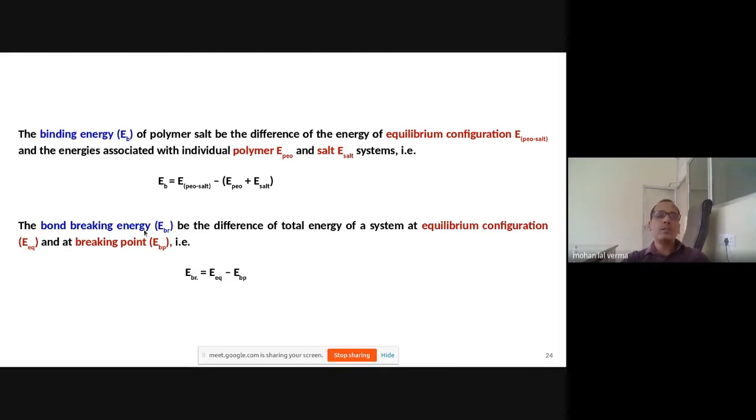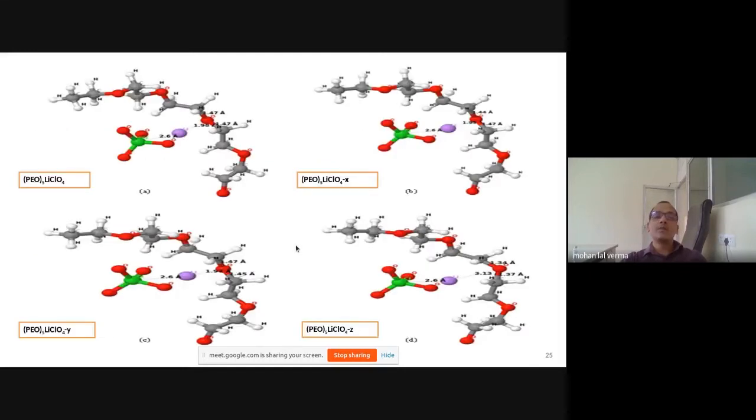To calculate this bond breaking energy, we pick one oxygen or one carbon atom and start stretching, pulling it in a particular direction, up to the level when the bond breaks. The difference between the energy when the bond breaks and the equilibrium energy, that is, the optimized energy of the system, is represented as the bond breaking energy. And this study has been published in one of the journals, Ionics.